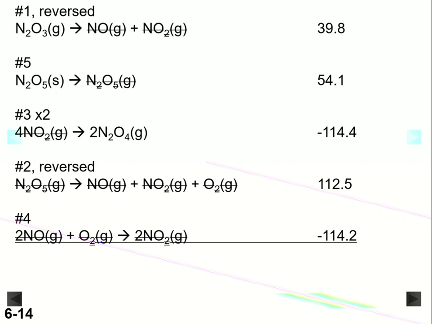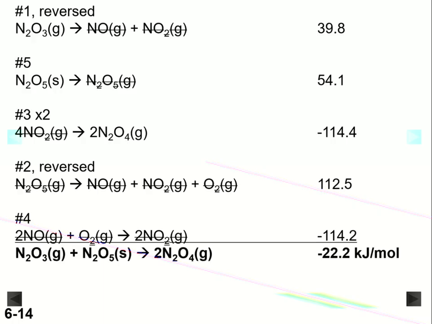So those 4 NO2s will cancel with the 4 reactant NO2s in number 3. And if we do this for all the partners, we end up with N2O3 plus N2O5 goes to 2 N2O4. And we simply add up all the enthalpies as we have determined them for each of these new processes that we've combined together. And we end up with negative 22.2 kilojoules per mole.